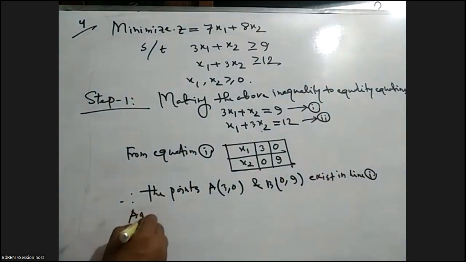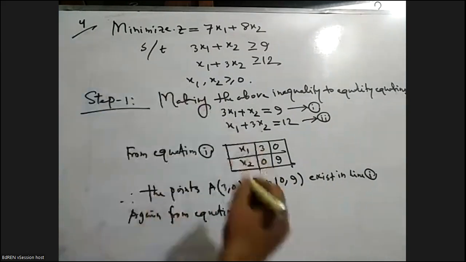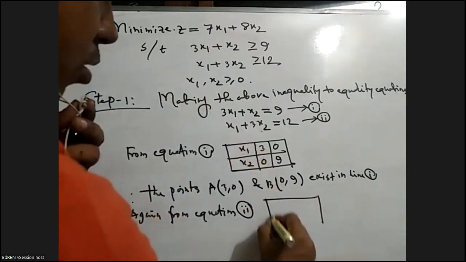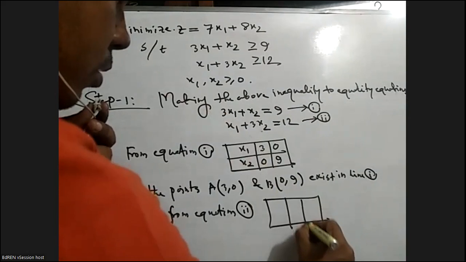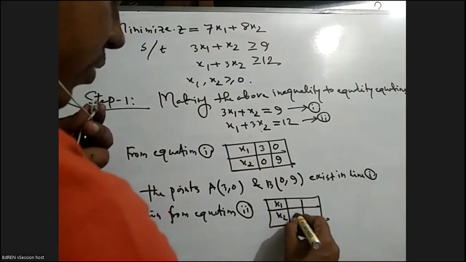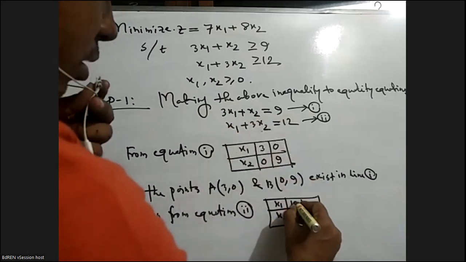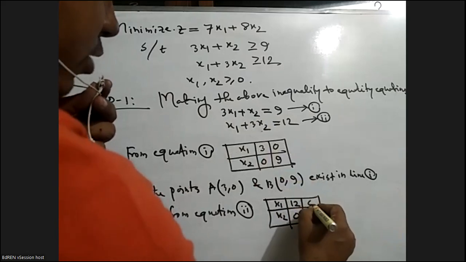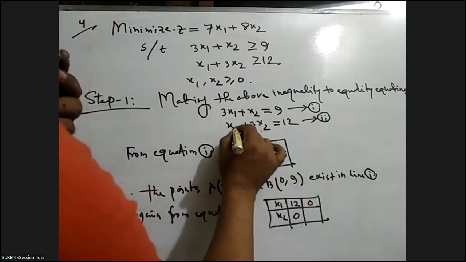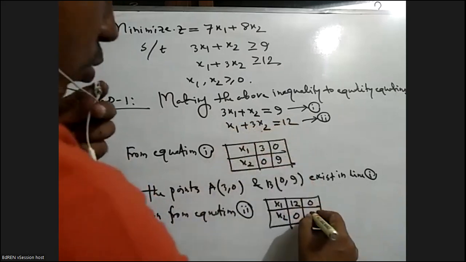Again, from equation 2, again drawing the same box. Okay, x1, x2. If x2 equals 0 in equation 2, then x1 equals to what? 12. Okay, and if x1 equals 0 in equation 2, then 3x2 equals 12 and x2 equals to what? 4.